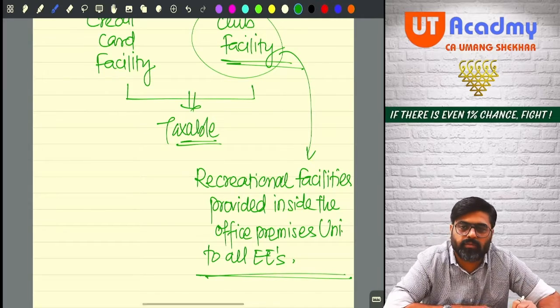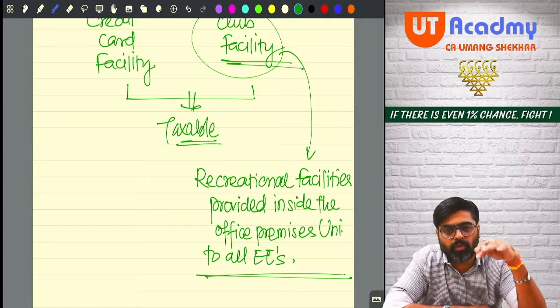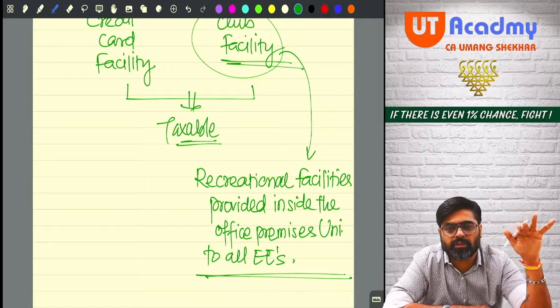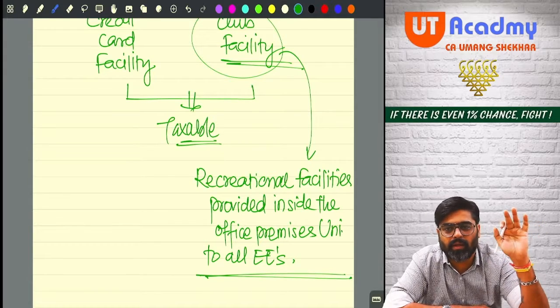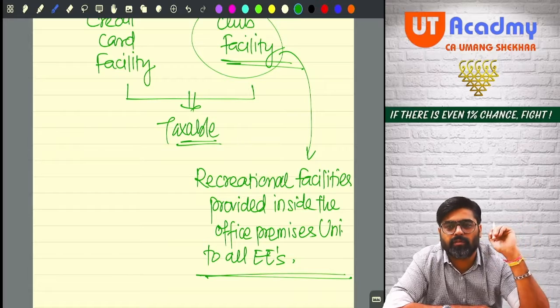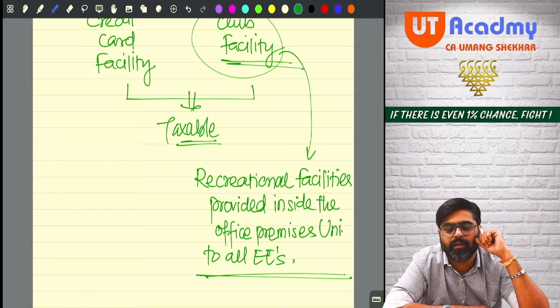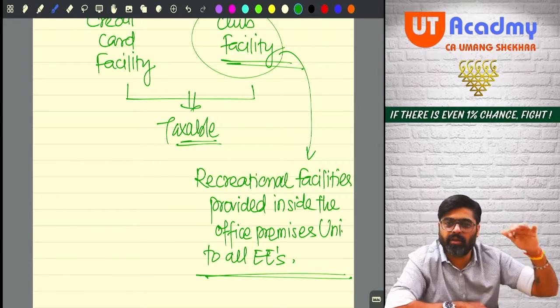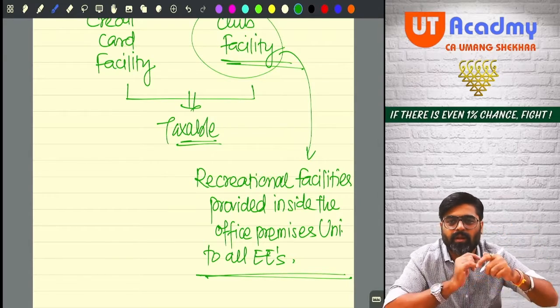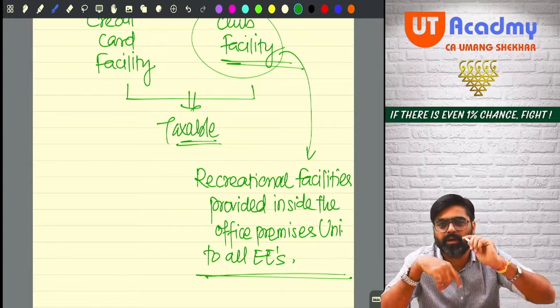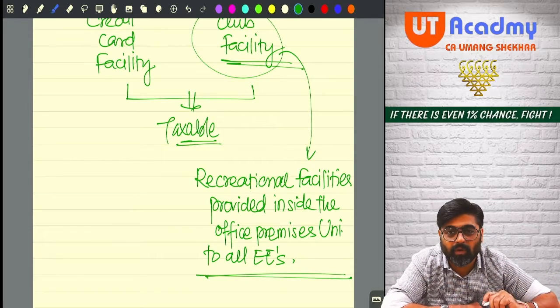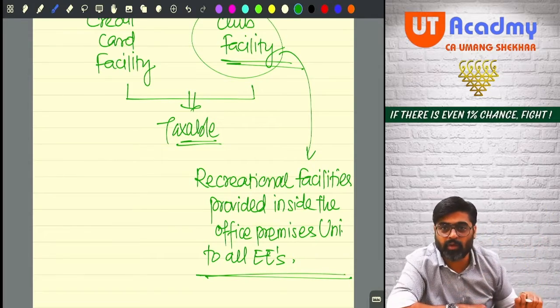A few examples. A small community hall is constructed by your employer, where he has provided table tennis and a carom board facility. One small billiard table is set up there, and people are going and playing snooker and billiards. One small gym he has set up inside the office.